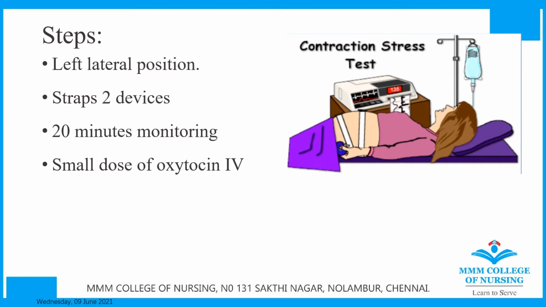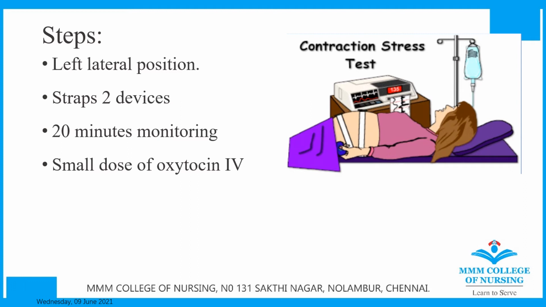We'll give a small dose of synthetic oxytocin, that is pitocin, in an IV to stimulate contractions. Otherwise, we can stimulate the mother's nipple, and then natural oxytocin will be released.